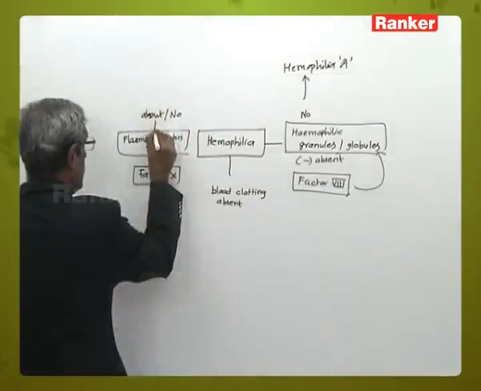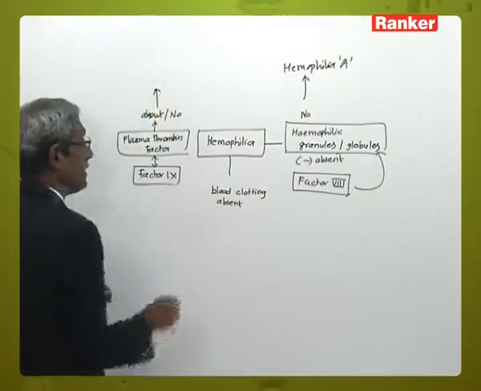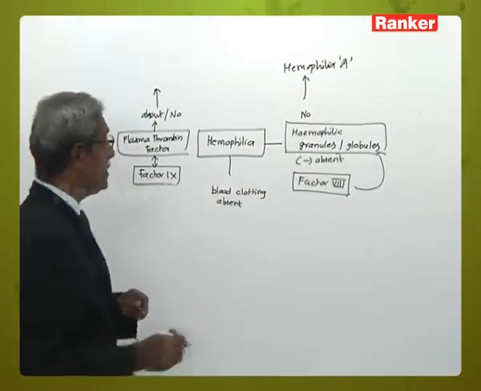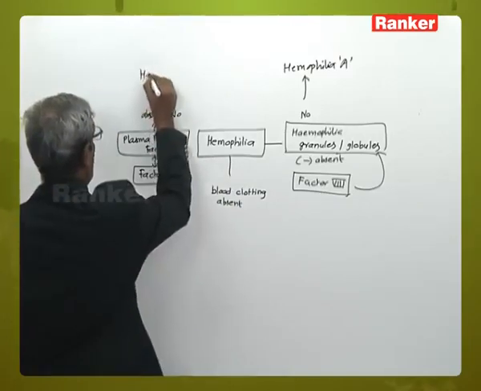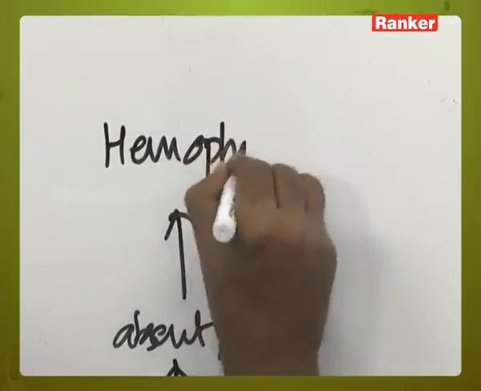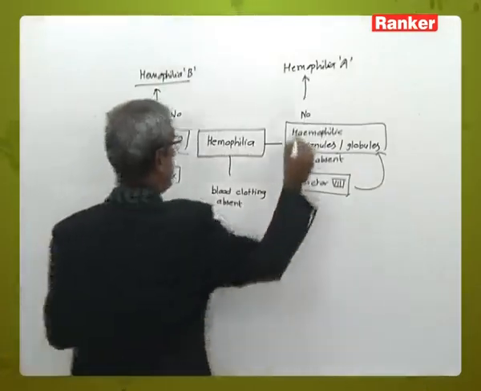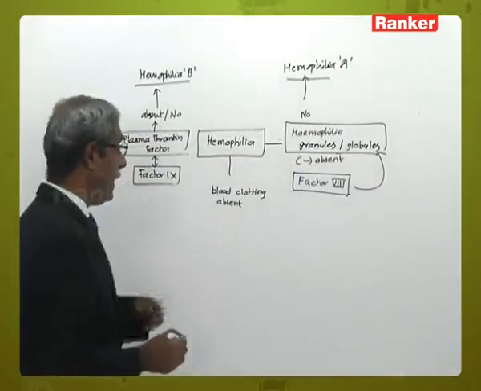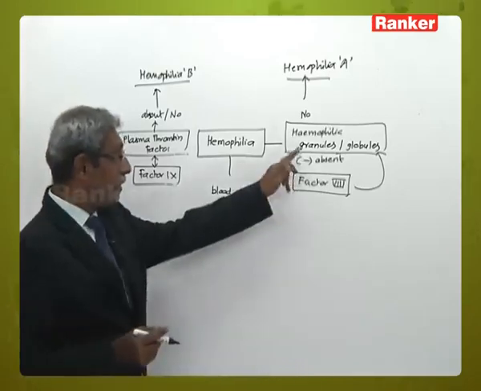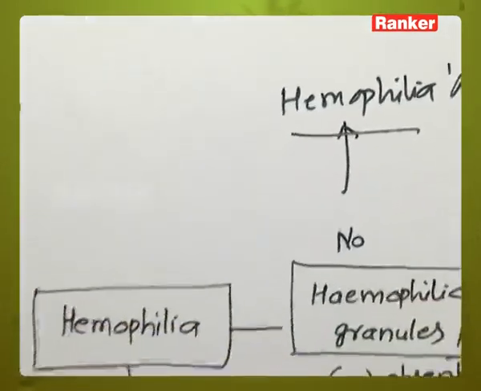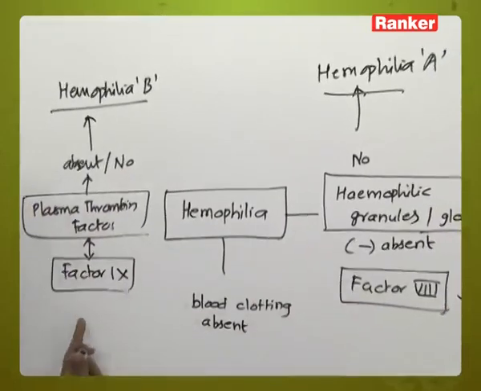If the plasma thrombin factor, factor 9, is absent, it results in another disease termed hemophilia B. So there are two categories, hemophilia A and B, due to the absence of hemophilic globules, factor 8, or plasma thrombin factor, factor 9.